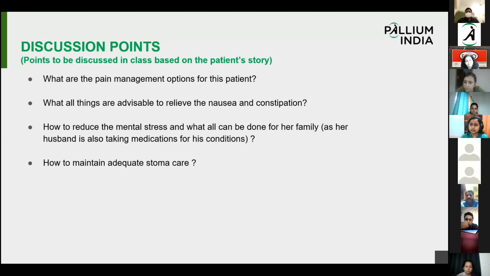Dexamethasone, yeah, Dr. Shivkumar. So laxatives to relieve constipation. I think she is already on Cremaffin Plus, but still has some difficulty in passing stools. Domperidone, dexamethasone. Yeah, there are many options coming up.